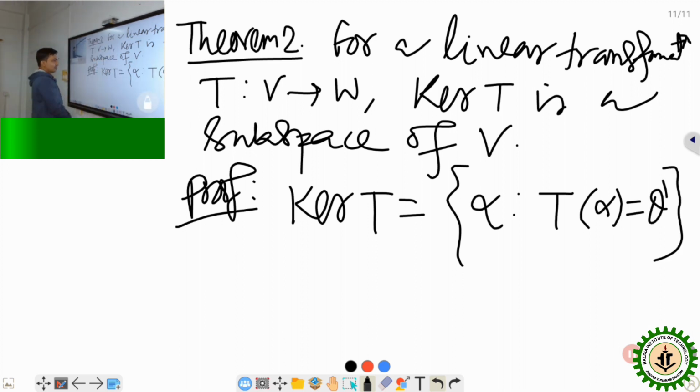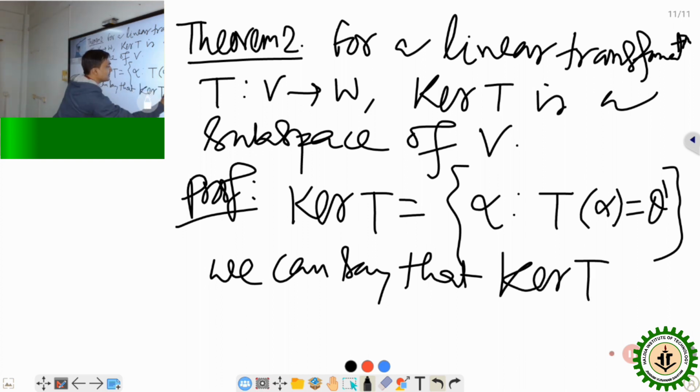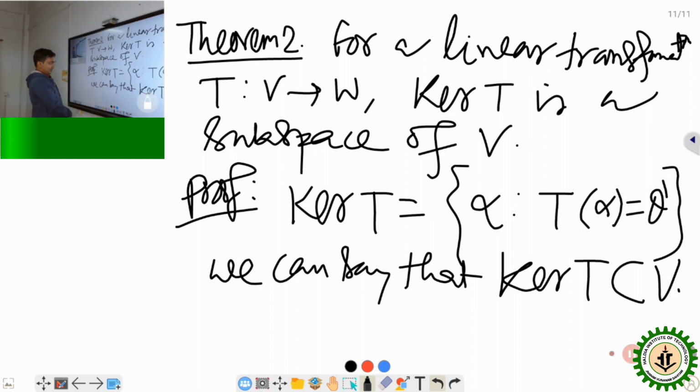So obviously kernel T will be a subset of V, since kernel T is the collection of some vectors and V is the collection of a large number of vectors. Now we want to establish that kernel T is a subspace.